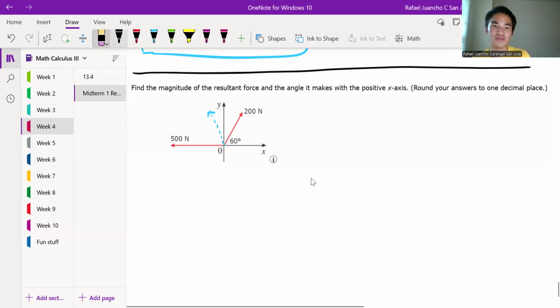Because it's in newtons. They're asking me to find the magnitude, so the length of this resultant force, and the angle it makes with the positive x-axis. So it's asking for this angle, if I'm not mistaken.